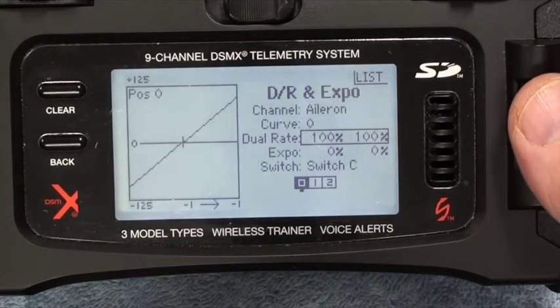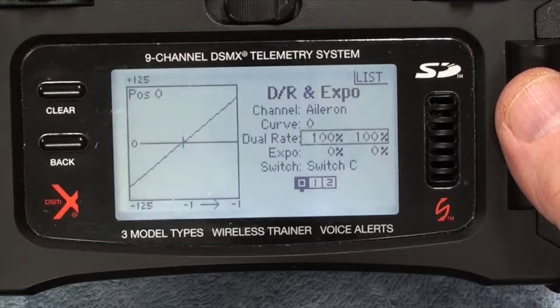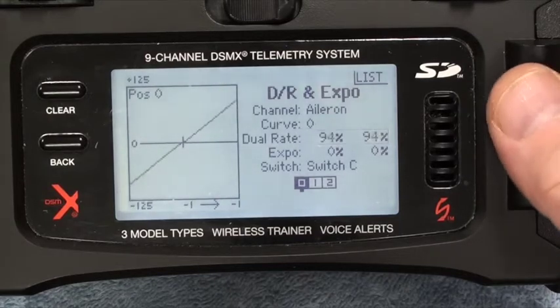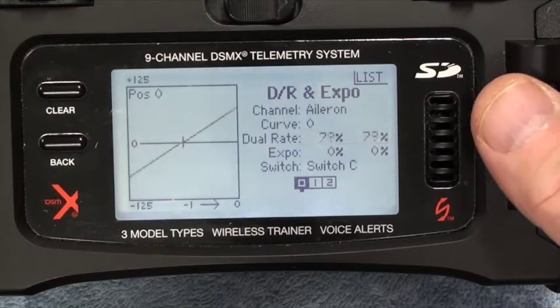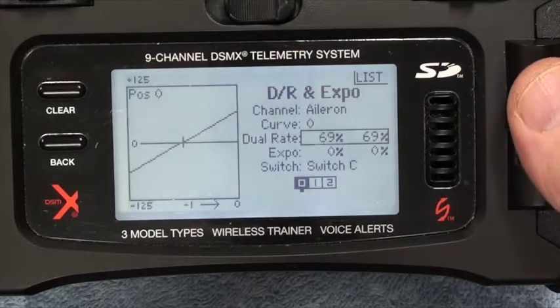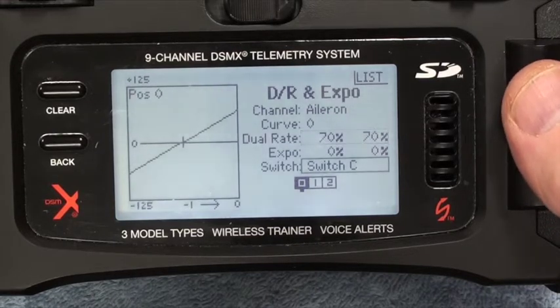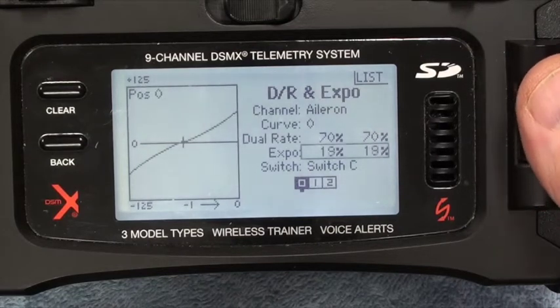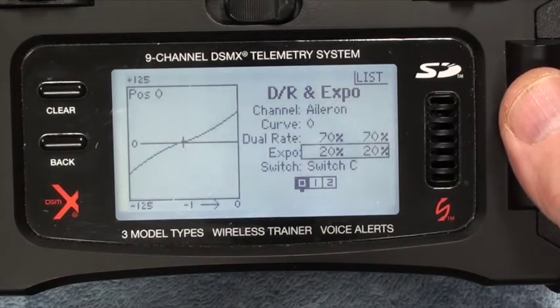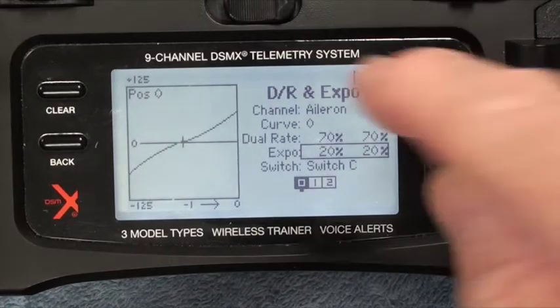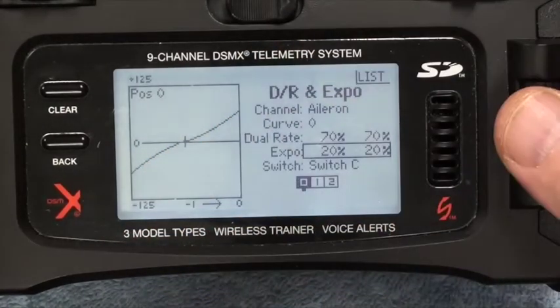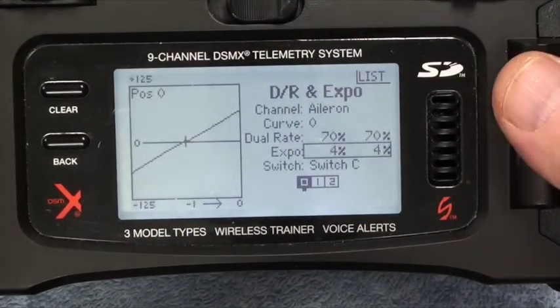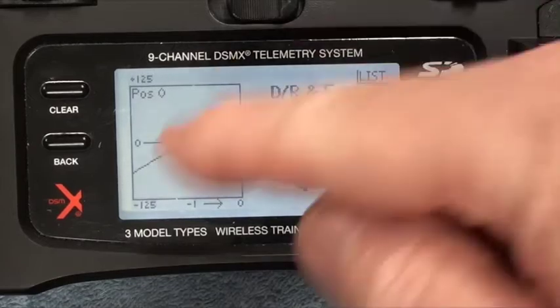So in the low rate, I'm going to move that down to 70. Okay. With an Expo, I don't like a whole lot of Expo. 20 is more than enough for me. Now Expo is this exponential curve here. If it's at 0, okay, and that's a straight line.